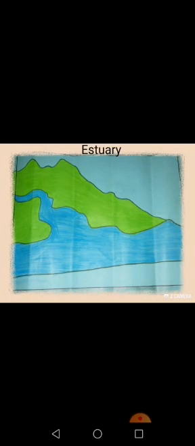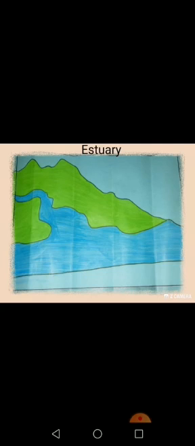Okay, what is a harbor? A harbor is the place where the ships or boats take shelter. Harbors are generally of two types: natural harbors and artificial harbors. In natural harbors, the natural landform gives protection to the boats or ships from bad weather conditions or cyclones.